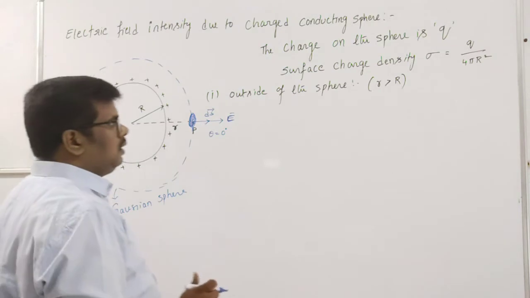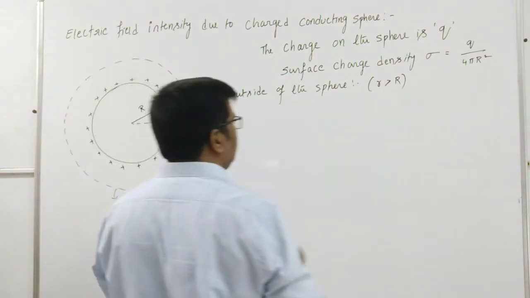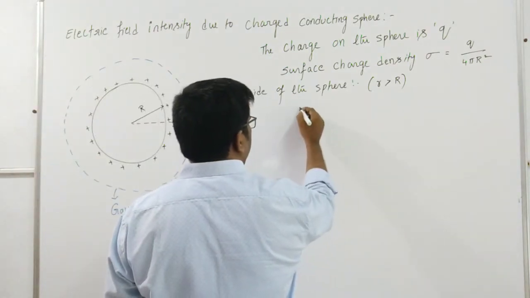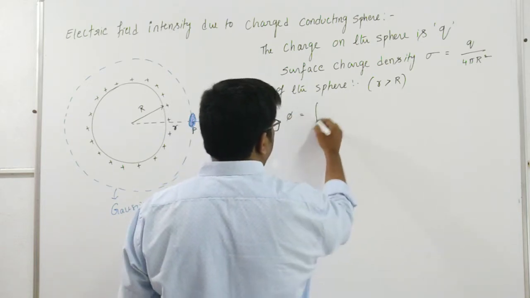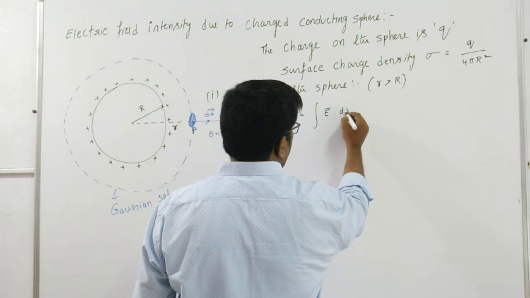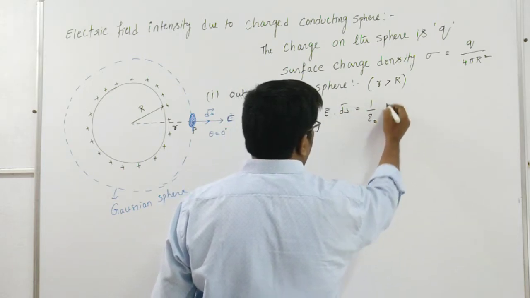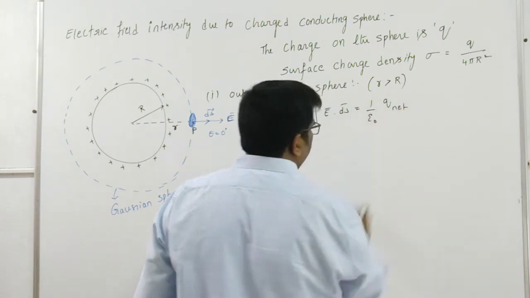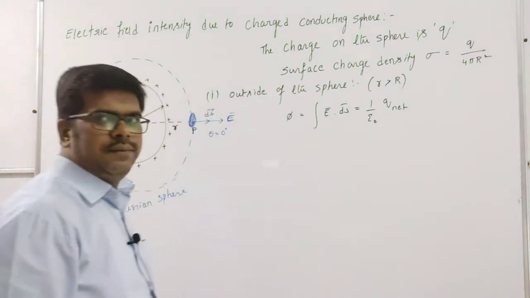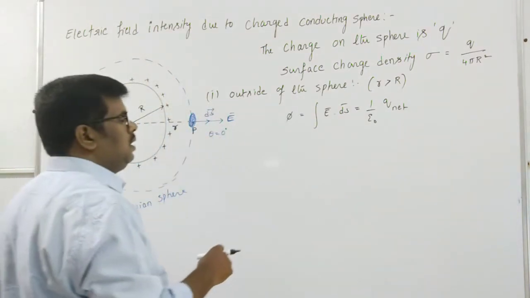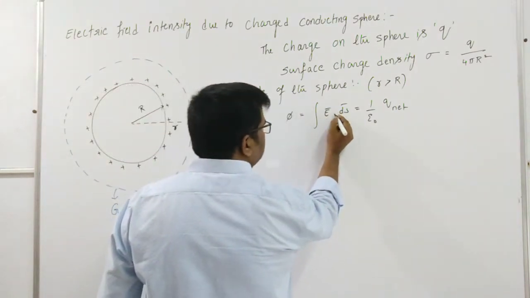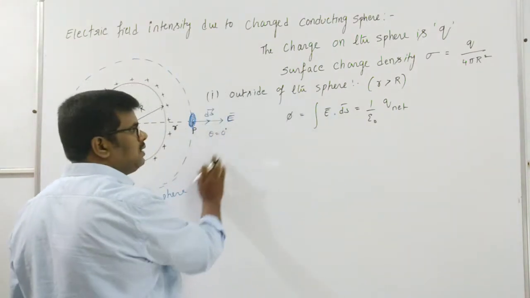Now, if we apply the Gauss law, then according to Gauss law, we have the flux, that is integral E bar dot ds bar equal to 1 by epsilon naught times the net charge enclosed by the Gaussian surface. So here the Gaussian sphere, how much charge has it enclosed? E dot ds, and here E and ds are both along the same direction.